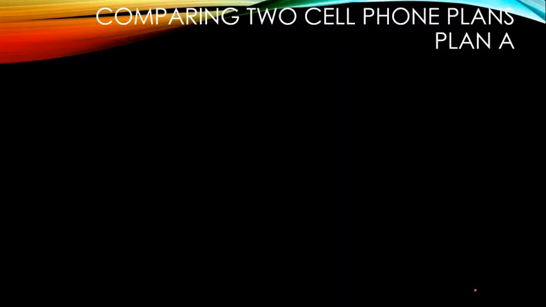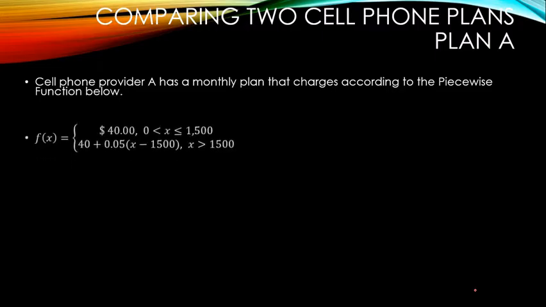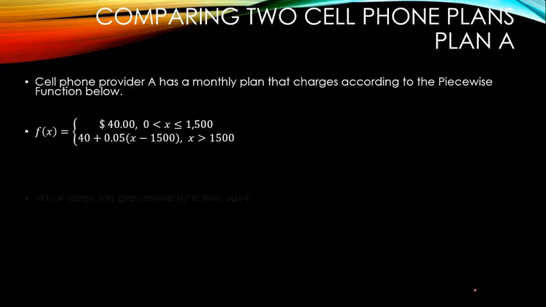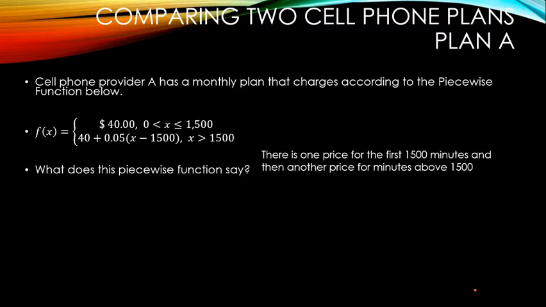Okay, now we're going to do comparing two cell phone plans. Here is plan A. Cell phone provider A has a monthly plan that charges according to this piecewise function below. So what does this piecewise function say? It says there is one price for the first 1500 minutes and then another price for minutes above 1500.